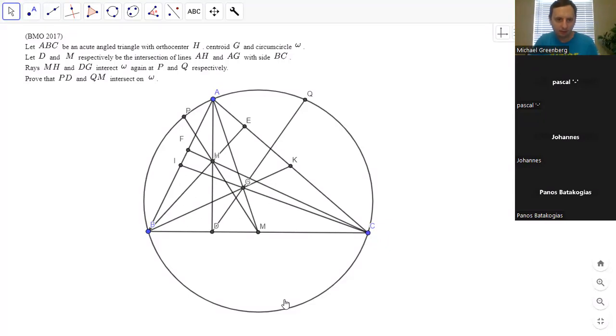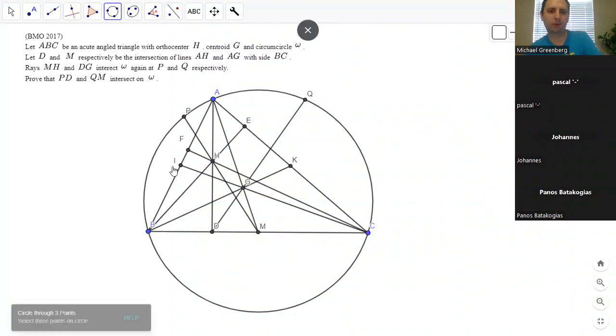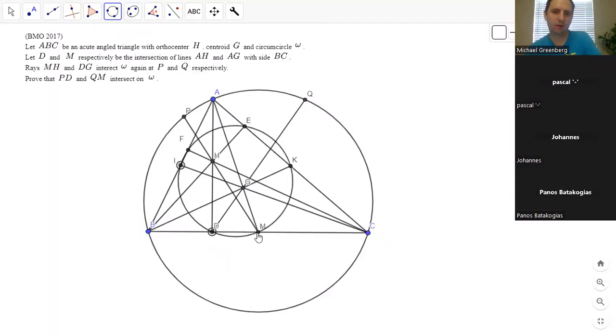So PD and QM. We could draw the 9-point circle if we want. I don't know if it helps. So I have 2 observations, and I can prove one of them. First of all, AQ is parallel to BC.